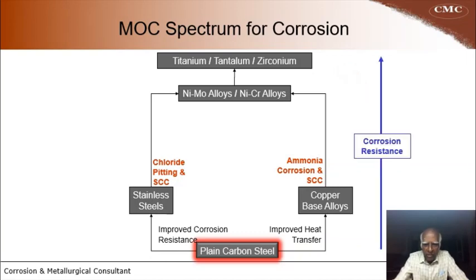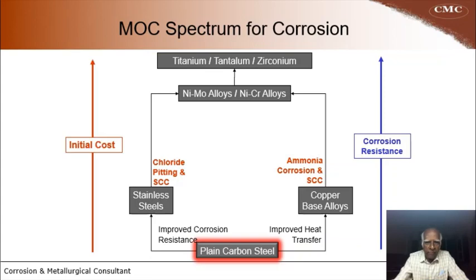In this spectrum, when you go from bottom to top, corrosion resistance increases. So it is obviously very clear when you go from plain carbon steel, the most corroding material, all the way to tantalum, very highly corrosion resistant materials.